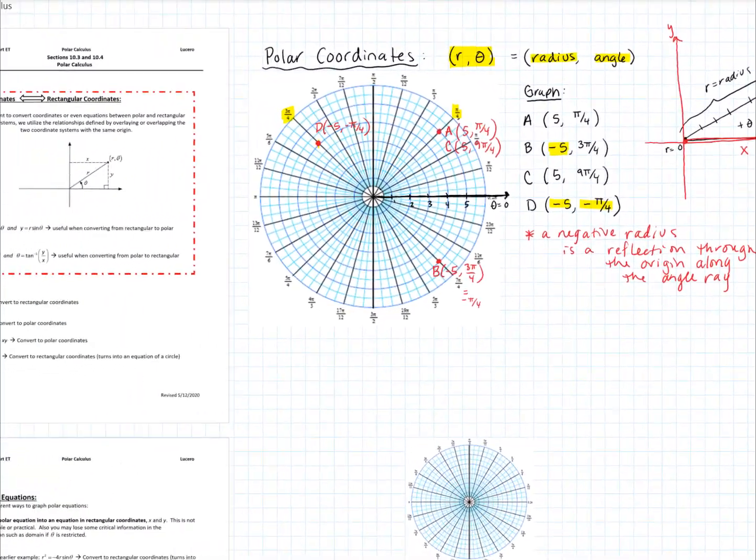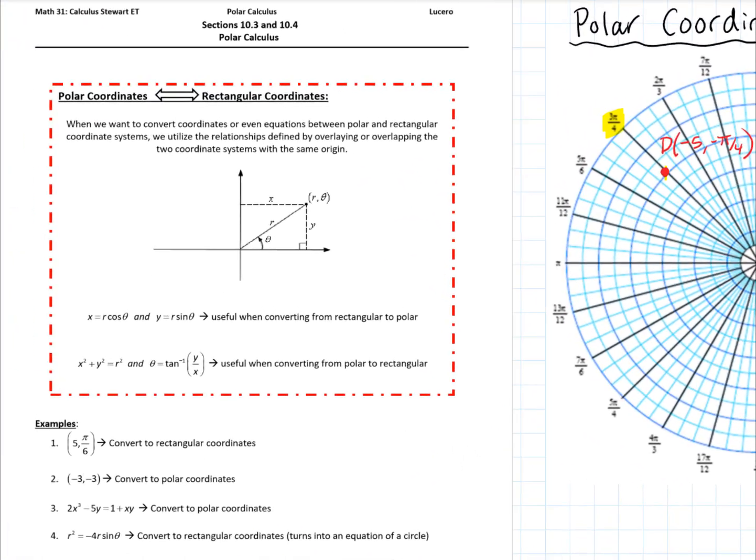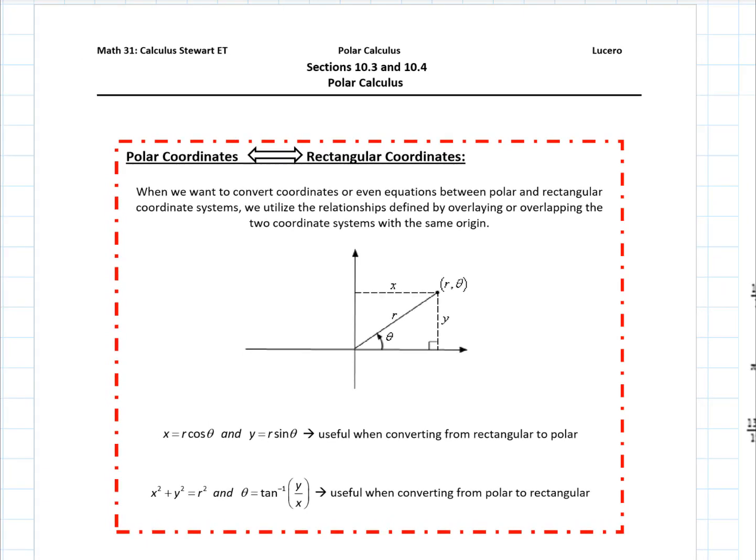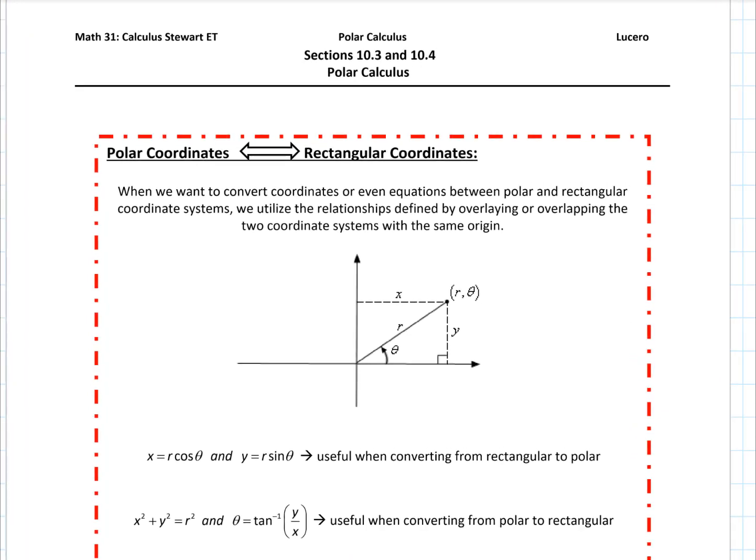So there are ways that we can work back and forth, and relationships that can be built, and I put them here. Here's that same exact image, just a digital image that I created before starting this video. If we ever wanted to convert back and forth, the relationships that come out of that right triangle when we overlay the rectangular coordinate system over the polar coordinate system give us this: this point right here also has that ordered pair X, Y in the rectangular coordinate system, and that tells me that X is equal to R cosine of theta, Y is equal to R sine of theta.